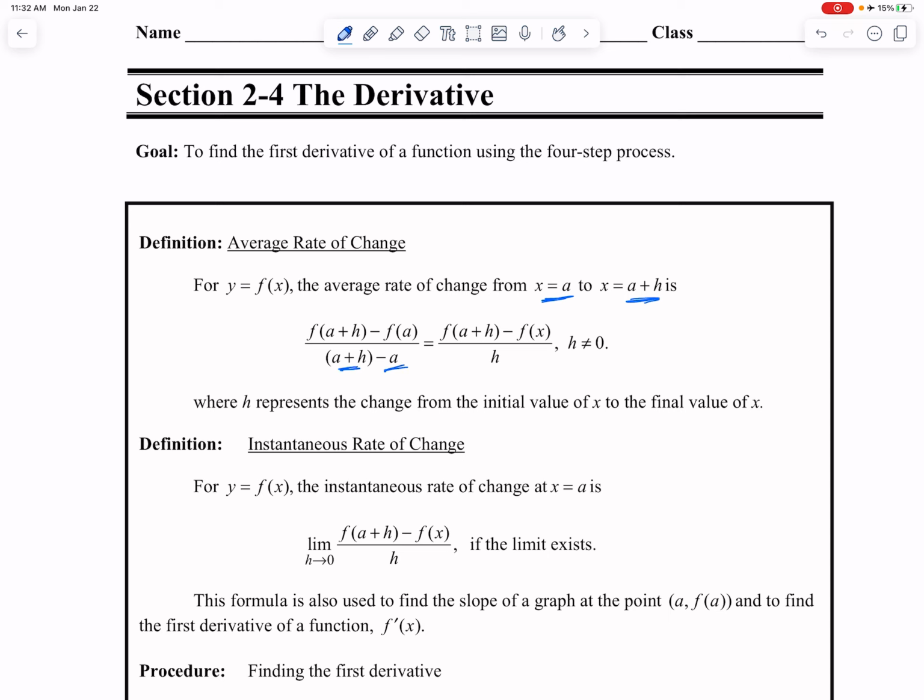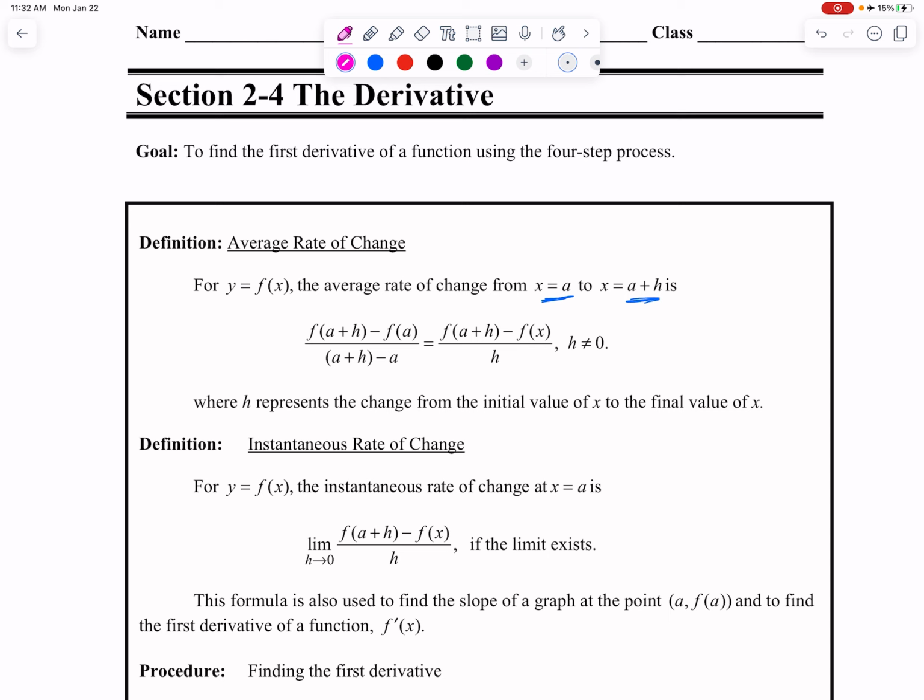Rise over run, change of y over change in x. This is the change in x on the bottom, which means on the top, f of a plus h is the y value at that x, and f of a is the y value at that.